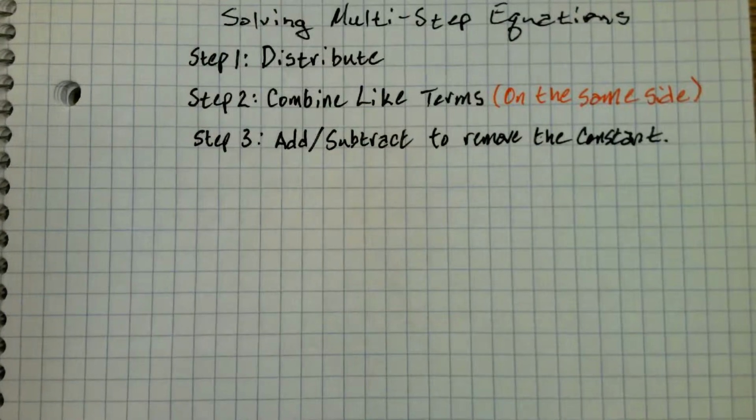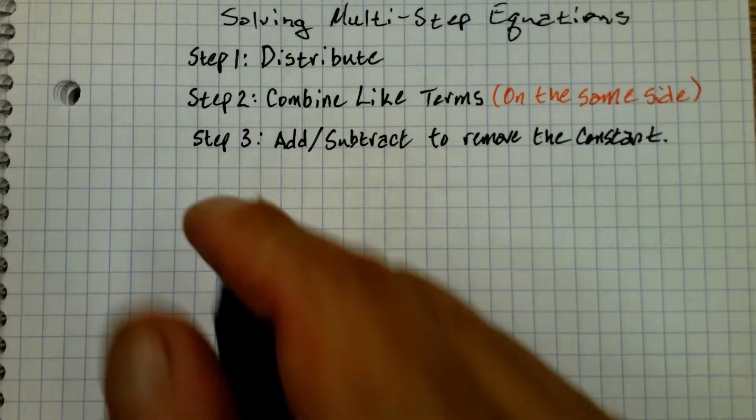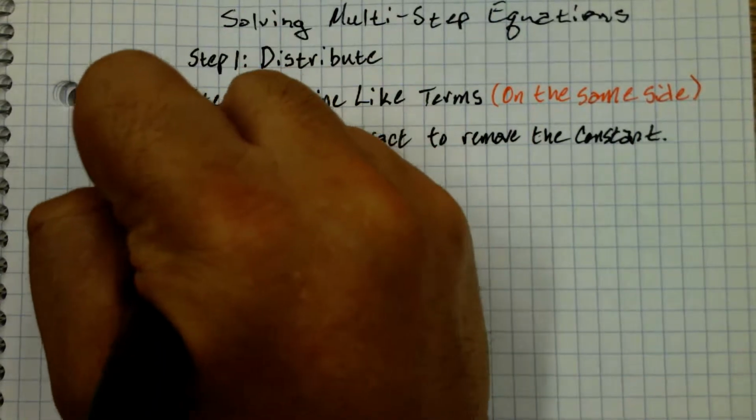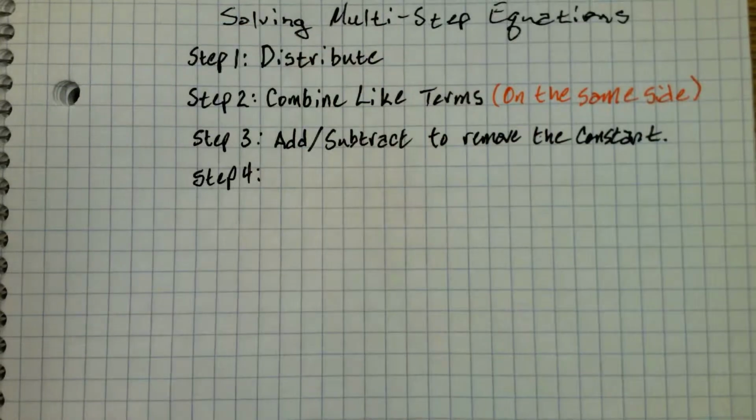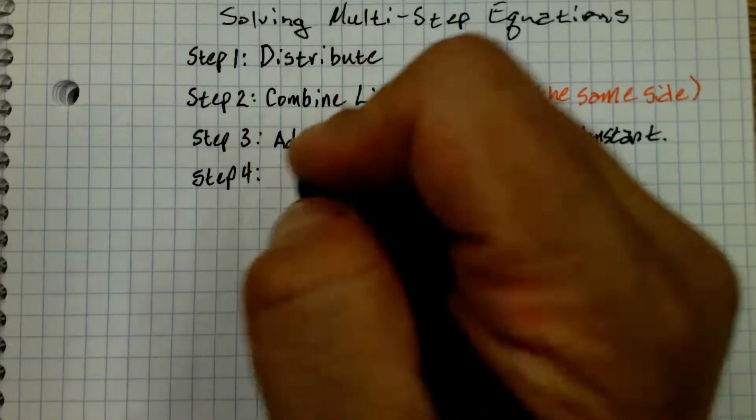Because after we've done this, it should just be a coefficient left. So that's step 4. And that is to multiply or divide to remove the coefficient.